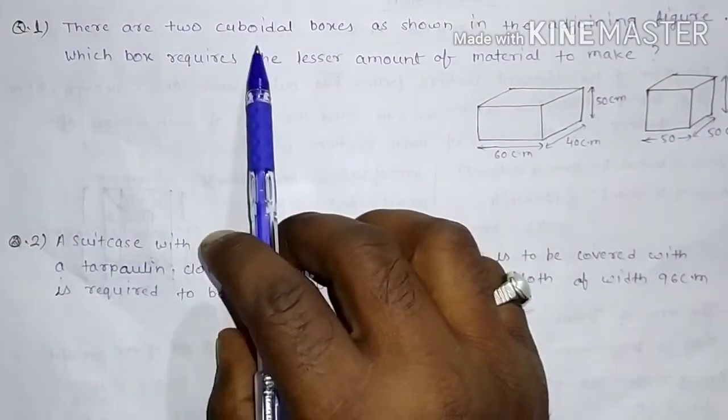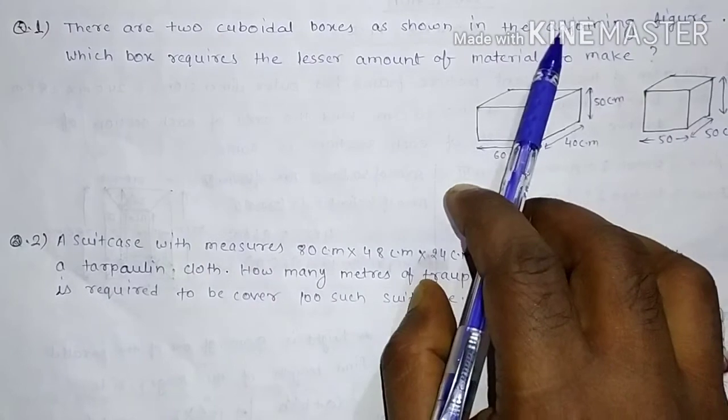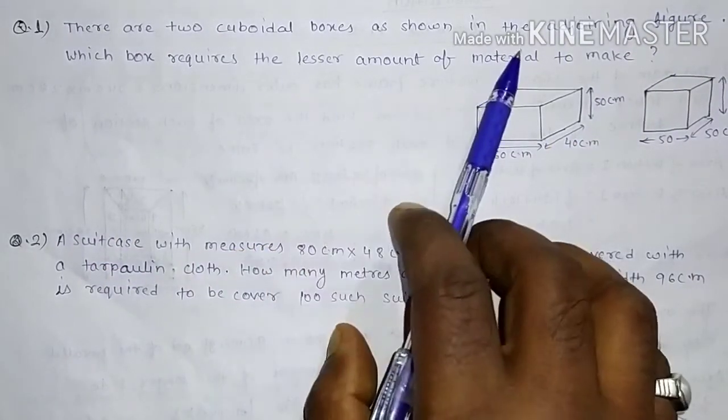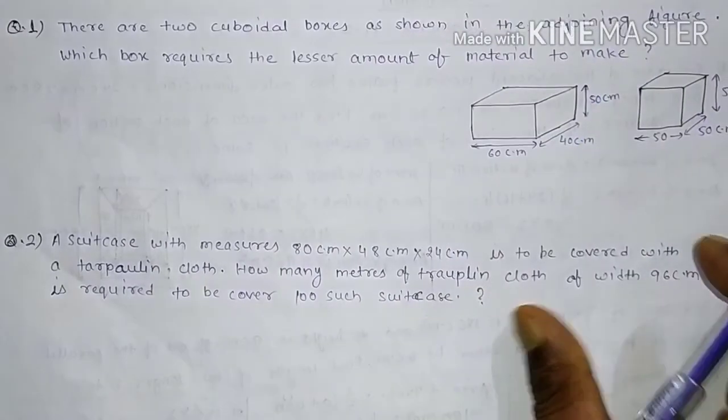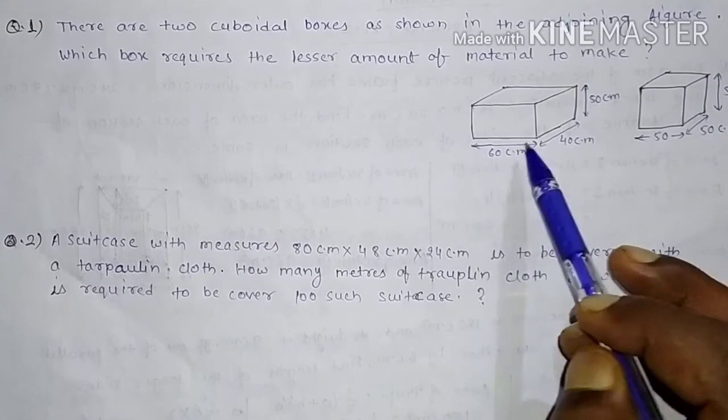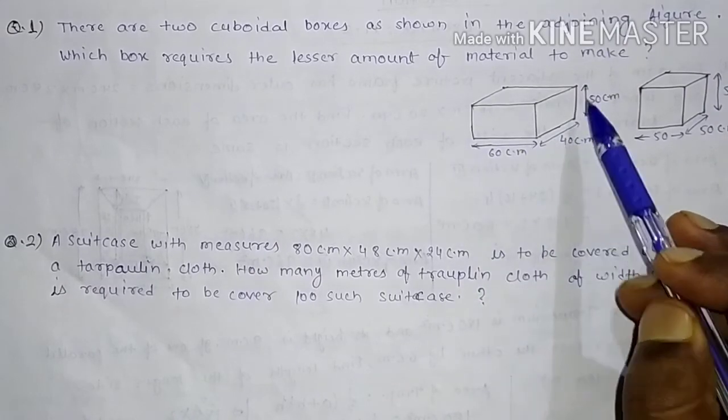Question number 1. There are two cuboidal boxes as shown in the adjoining figure. Which box requires the lesser amount of material to make? Two figures are given. The first is a cuboid where length is 60 centimeter, breadth 40 and height 50.